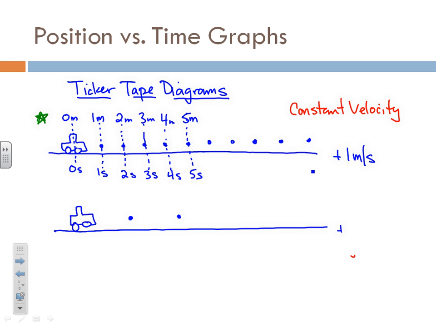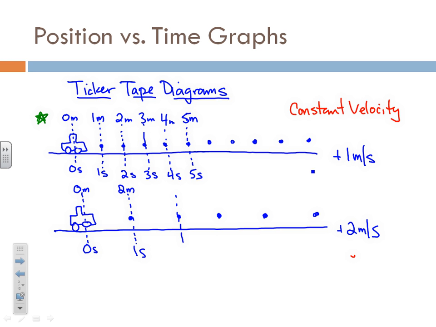If we're going at positive 2 meters per second, then we're going to go a displacement of 2 meters every second that ticks by. So at 0 seconds, we'd be at 0 meters. At 1 second, we will have traveled a displacement of 2 meters, so now our position is 2 meters.